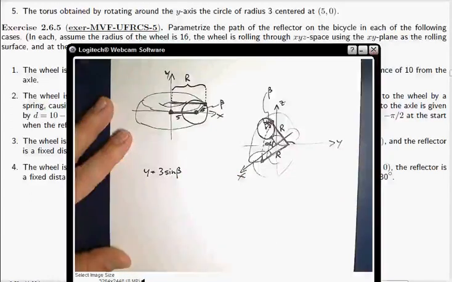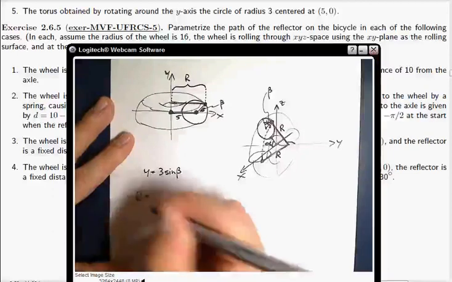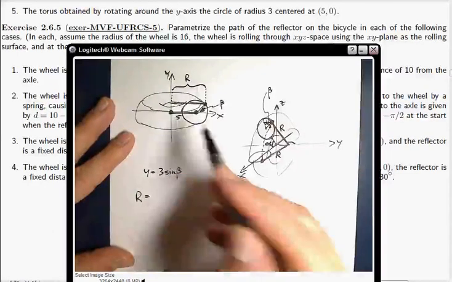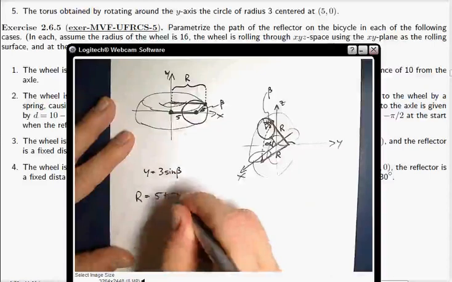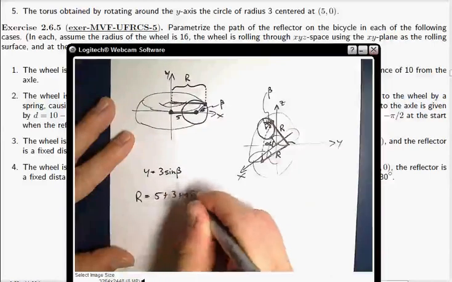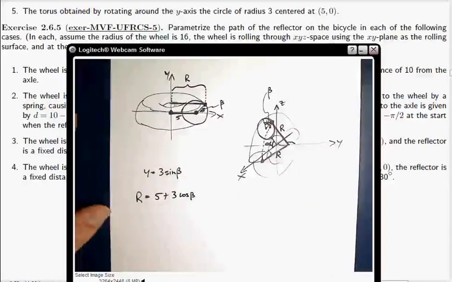So I claim that capital R is just going to be 5 plus 3 cosine beta.